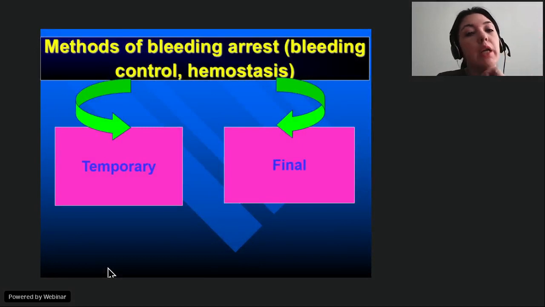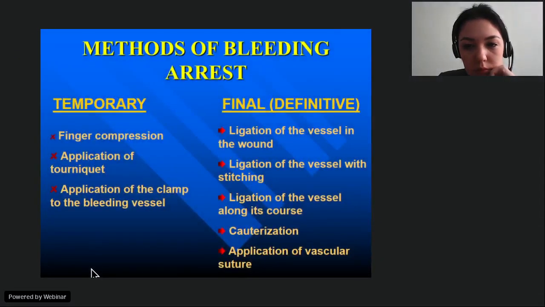And methods of bleeding arrest or bleeding control or hemostasis, like methods to stop bleeding, they are divided into temporary and final. So temporary are those which we can use outside of the hospital.